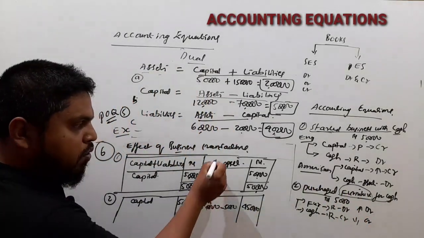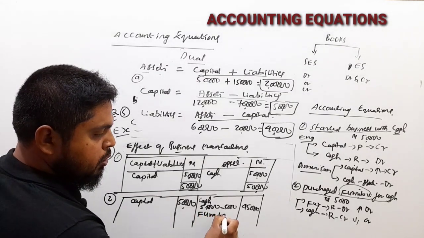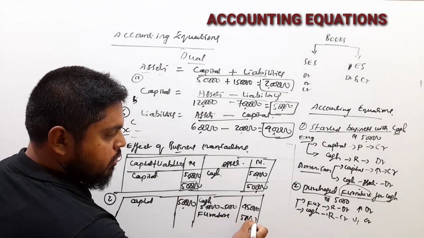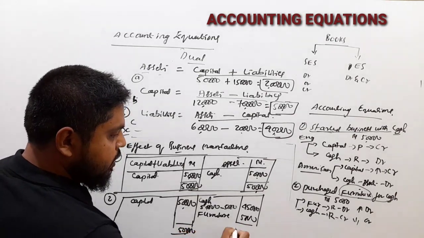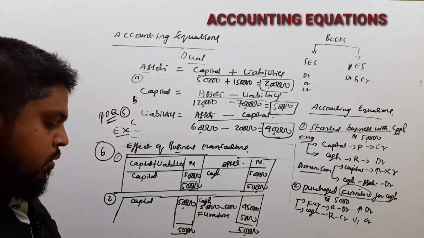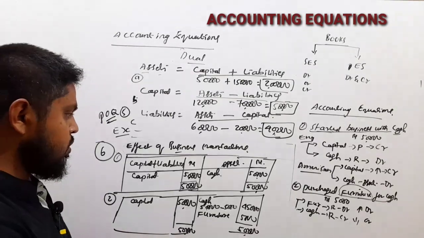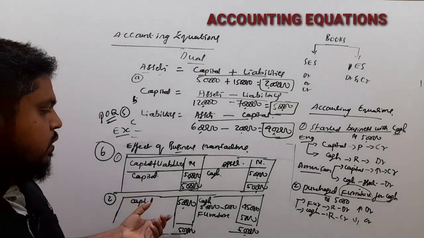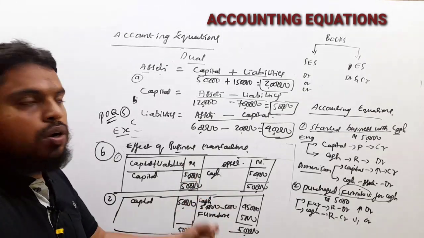So the asset will be recorded on the asset side. So furniture is 5,000. So total 50,000, 50,000. So this shows that assets equal to liabilities and liabilities equal to assets.